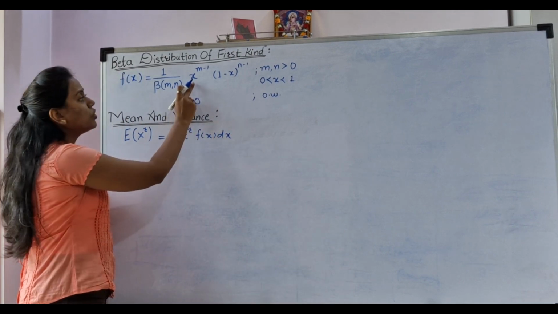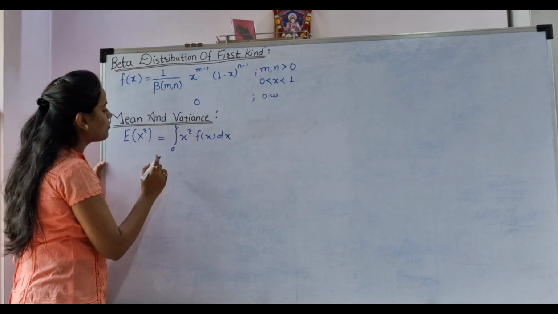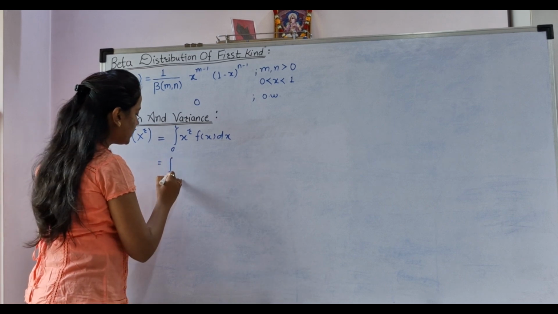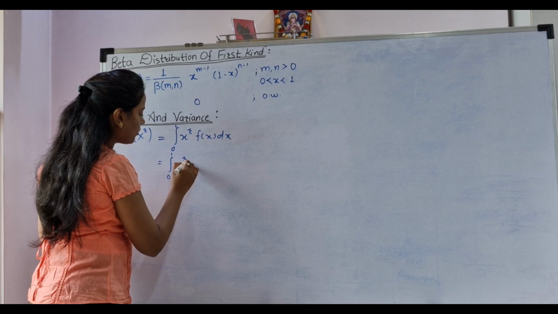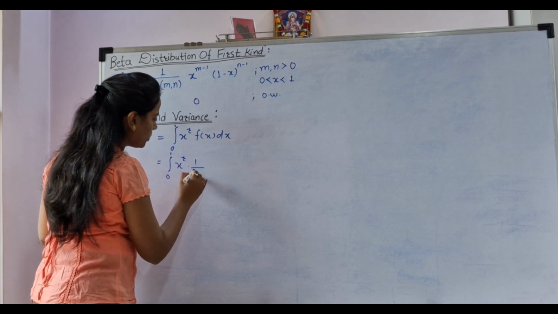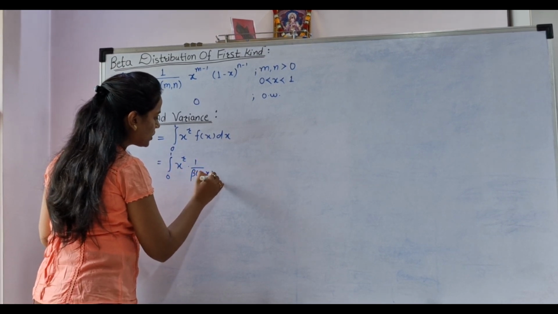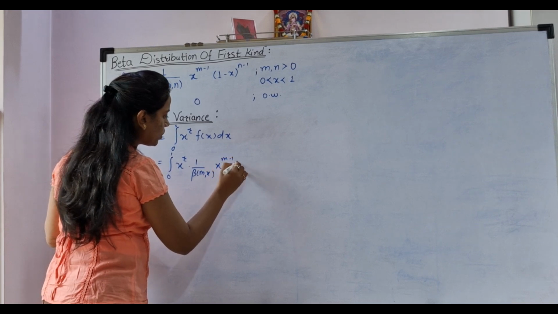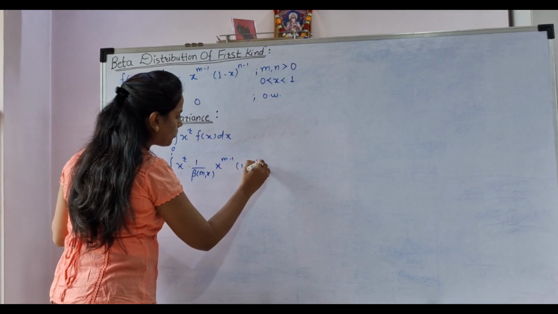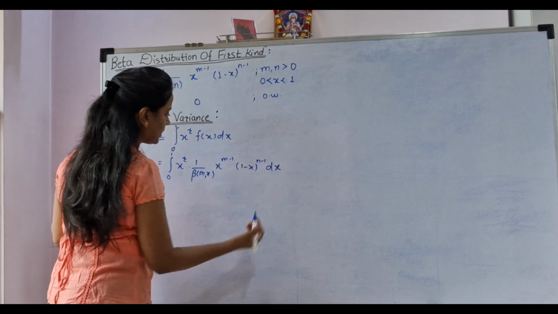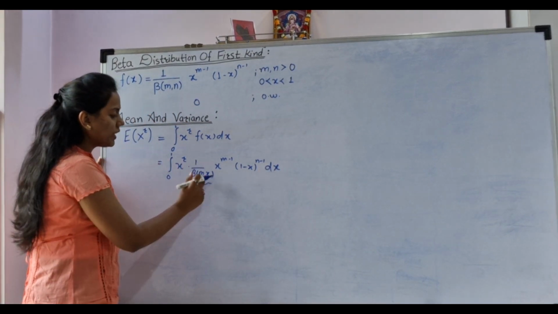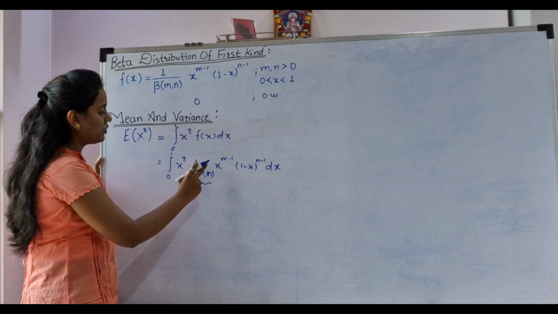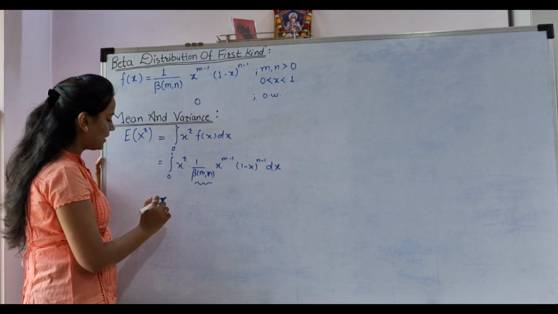Okay. Now we know the density function, so the same we will write down here. It is integral 0 to 1, x to the power r into 1 upon beta(m, n) x to the power m minus 1, (1 minus x) to the power n minus 1 dx. Now here 1 upon beta(m, n) is constant, so we can take it outside the integral.